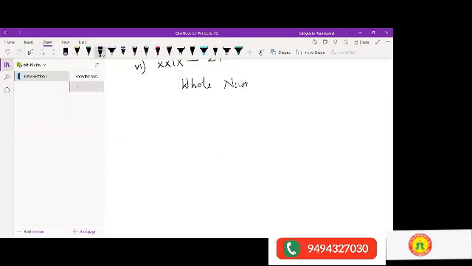Whole numbers, right? Now, do you know what whole numbers are? Can anyone tell me what natural numbers are first? Natural numbers are those numbers which start from 1, 2, 3, 4, and so on till infinity.